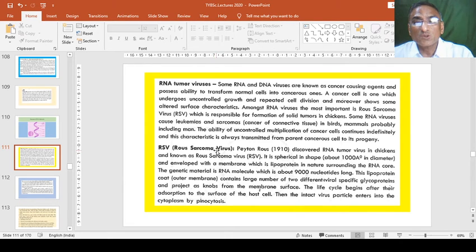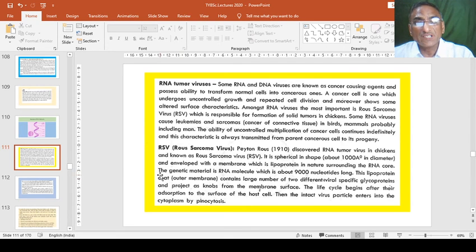Peyton Rous in 1910 discovered the RNA tumor virus in chickens, known as Rous sarcoma virus, RSV. It is spherical in shape, about 1000 angstrom in diameter, and developed with a membrane which is lipoprotein in nature surrounding the RNA core.